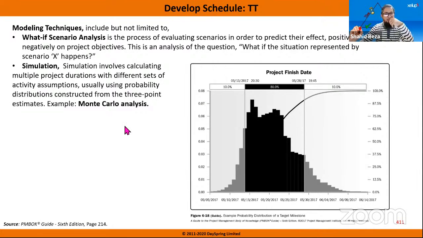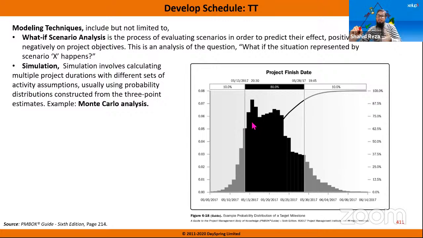Most probably, it uses different activity assumptions, usually using probability distribution constructed from the 3-point estimate. It uses a 3-point estimate for each activity: optimistic, most likely, and pessimistic, for all activities of a project. From those 3 parameters for every task, this is drawn.